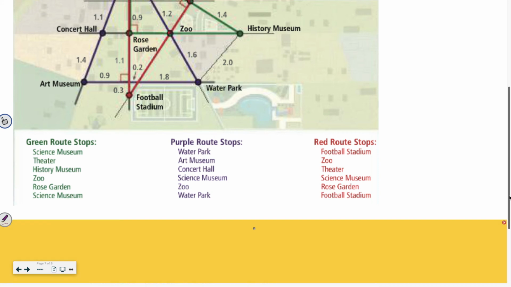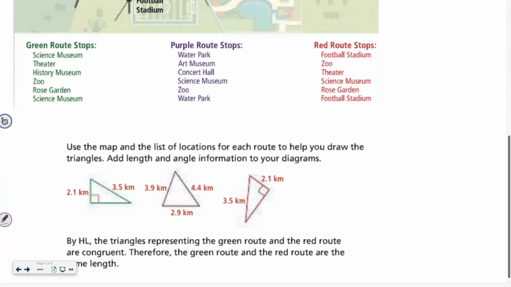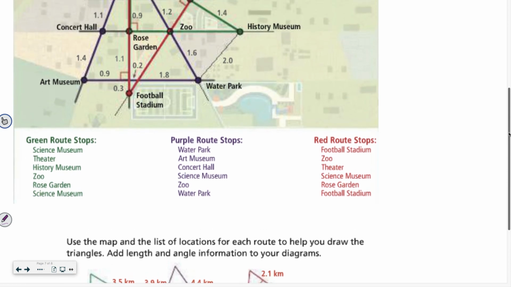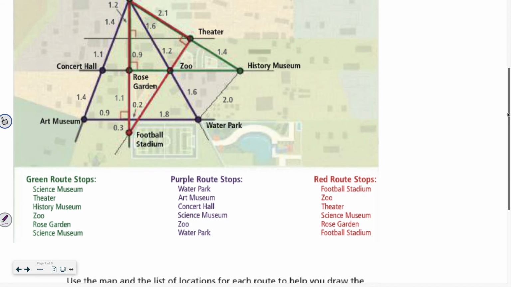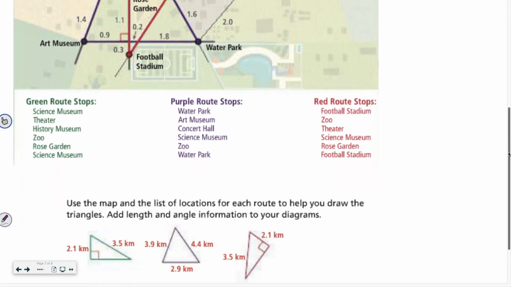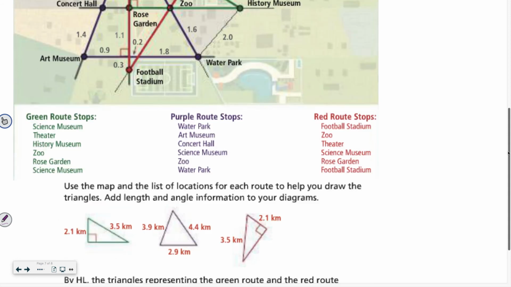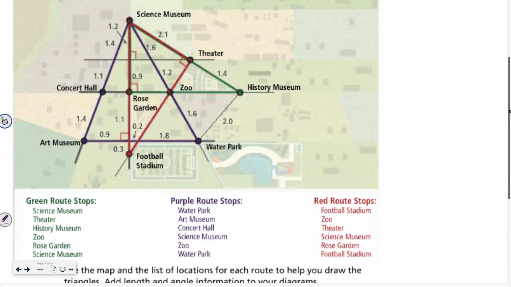So let's separate those out by drawing separate triangles. And then if you go through the picture, you're able to then add up your measures to figure out how long things are. So if we did the green route, you could see Science Museum, Theater, History Museum, Zoo, Rose Garden, and Science Museum. Then if you go back up to your picture, you can add up all of those measures for your route to figure out how long that is.